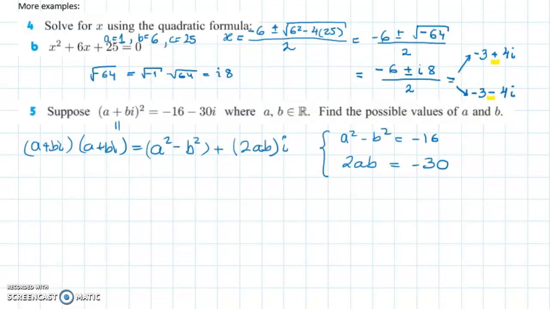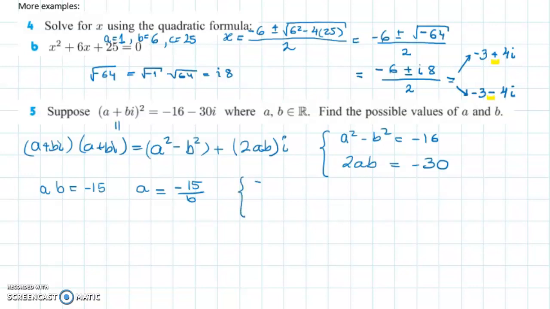I think I'm going to begin by working with the second of the equations. We have 2ab is equal to negative 30. So that means that a times b has to be equal to negative 15. So I'm going to write, for instance, that a is negative 15 over b. And I'm going to substitute that in the first of the equations.